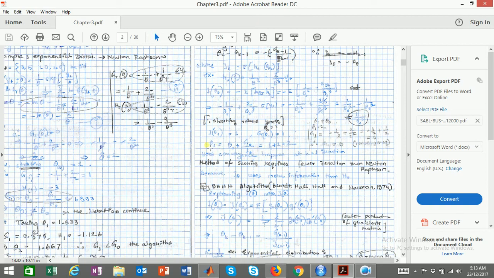This is the iterative scheme of the maximum likelihood Newton scoring algorithm. So theta 1 equals theta naught plus g naught by I naught. So theta k equals theta k minus 1 plus g k minus 1 divided by I k minus 1.